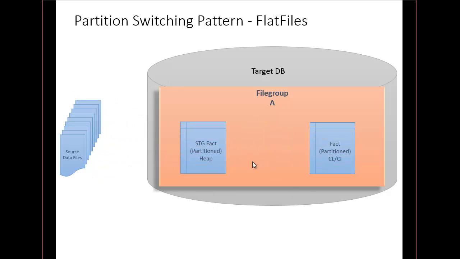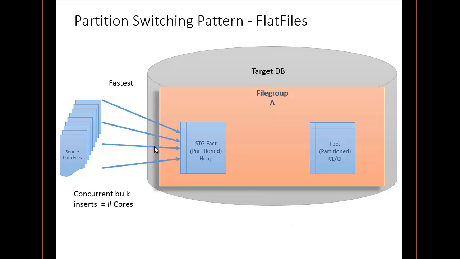Now, in most situations, you also have things that require source flat files to be staged up, and this is almost identical to the previous. Bulk inserts. Remember, this is the fastest way to bridge the gap between your sources and your data warehouse, because you can compress these files and transfer them over the wire in a compressed format.